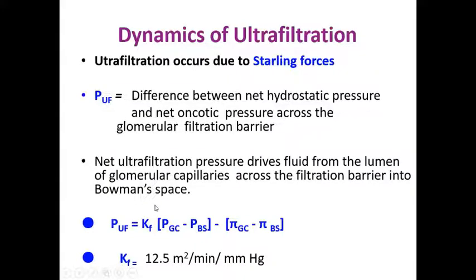So all those factors are summarized into what we call the filtration coefficient. So the filtration coefficient will summarize other factors like the permeability of the membrane, the charge of the membrane, and also the surface area in which the ultrafiltrate is being filtered. The filtration coefficient is measured, it's a constant value.